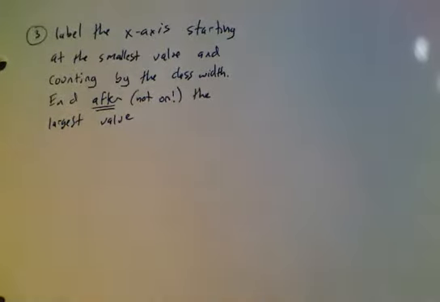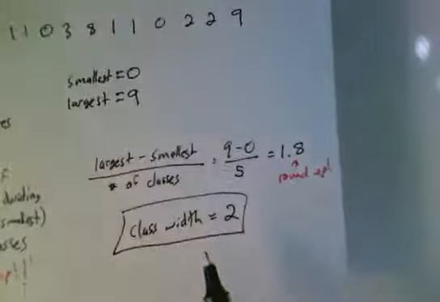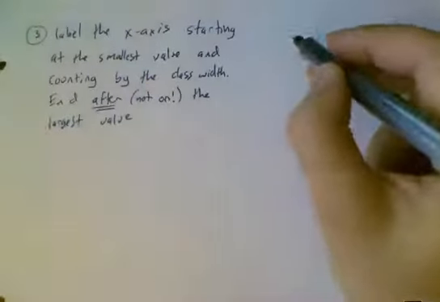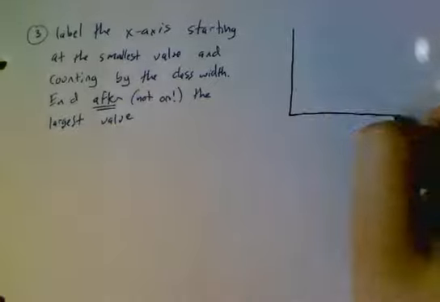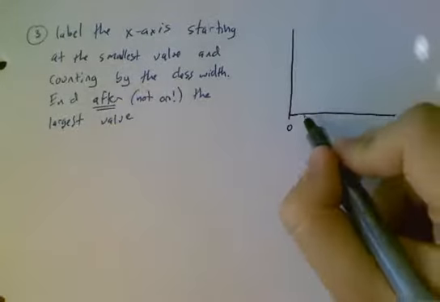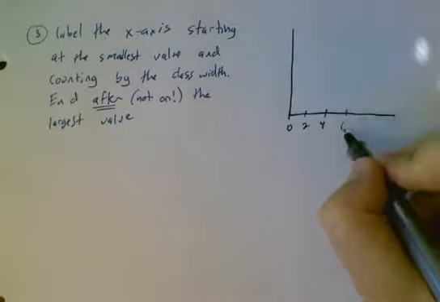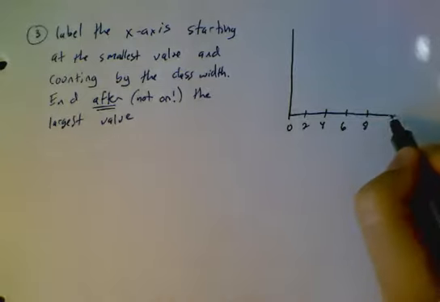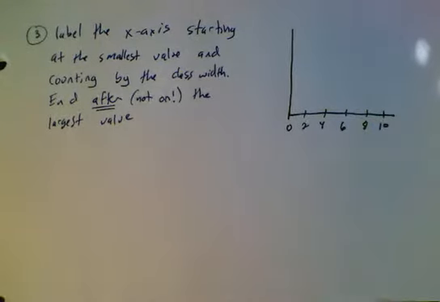So in this case, our smallest value was 0. So we're going to start at 0. We're going to count by 2's. 2, 4, 6, 8, 9 is our largest value, so we have to go past 9 to 10.